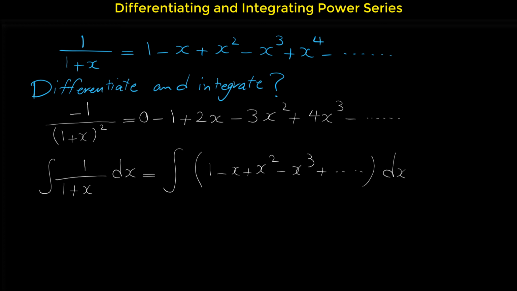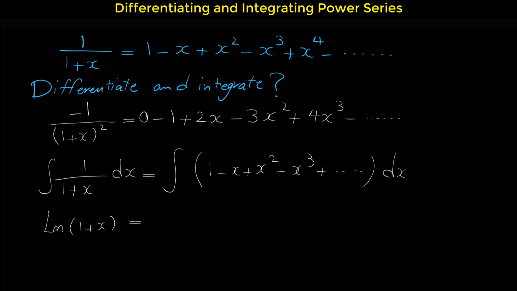And so the integral of 1 over 1 plus x is ln of 1 plus x. This is similar to 1 over x. Integral of 1 over x is ln of x, and integral of 1 over 1 plus x is also ln of 1 plus x.